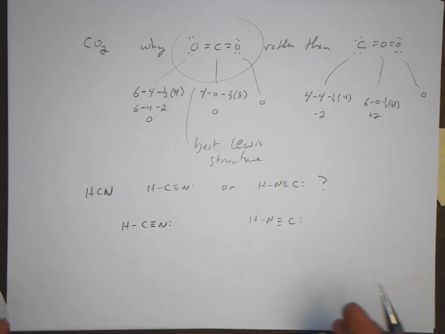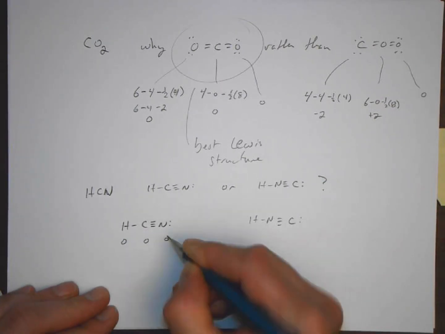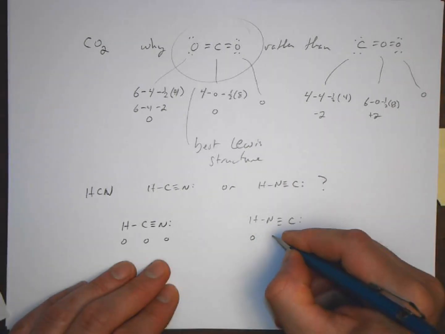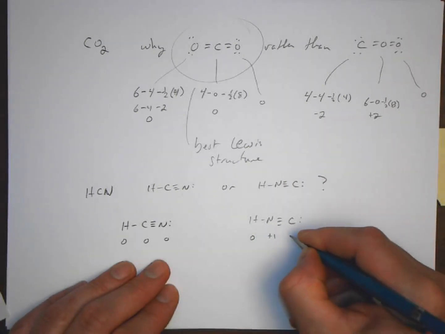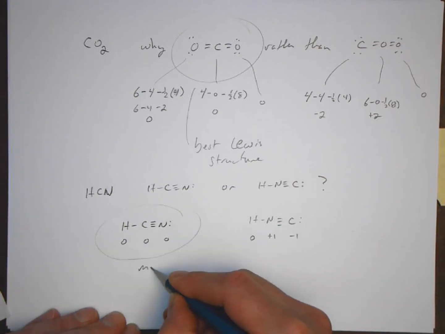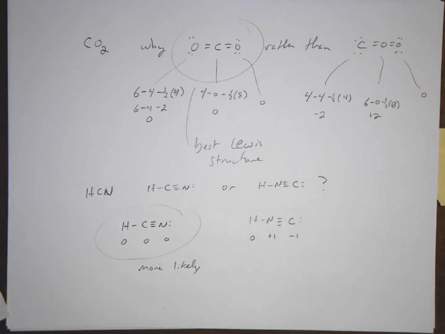Now, at this point, I would challenge you to stop the video and calculate the formal charges for each of the atoms within these two molecules. What you should find is you'll have a formal charge of 0, 0, 0 in this case, but in this case you'll have a formal charge of 0, plus 1, and minus 1. So that means the first structure is the better of the two structures.